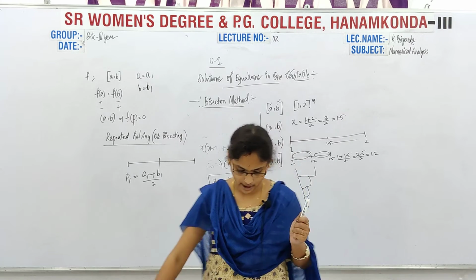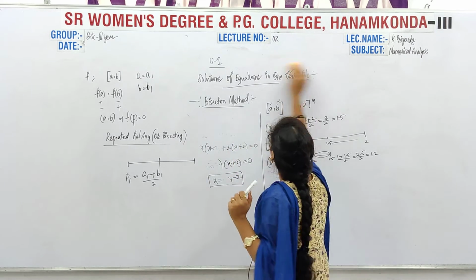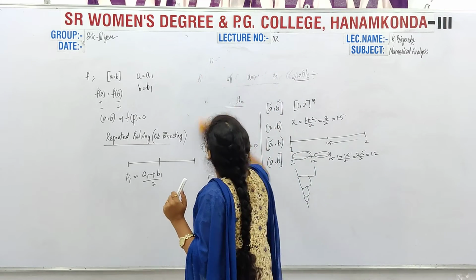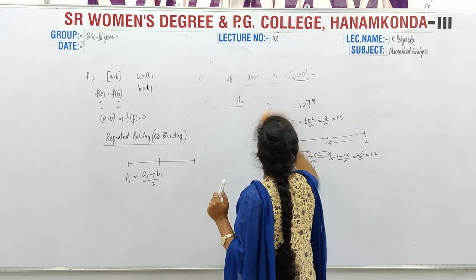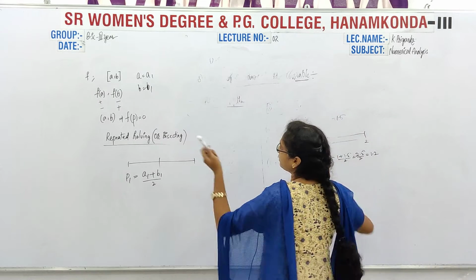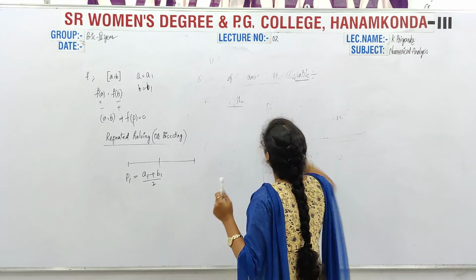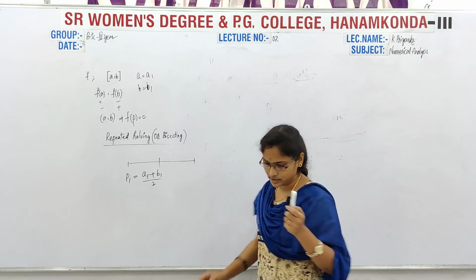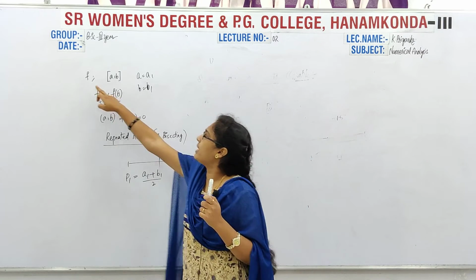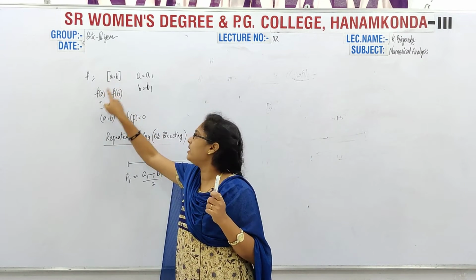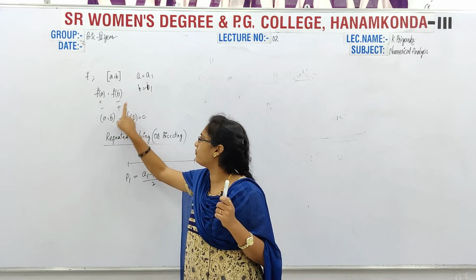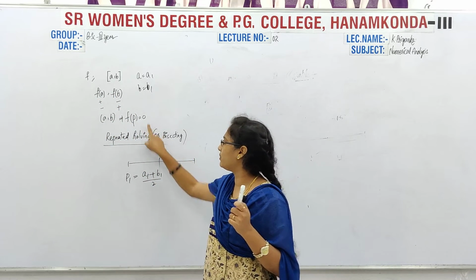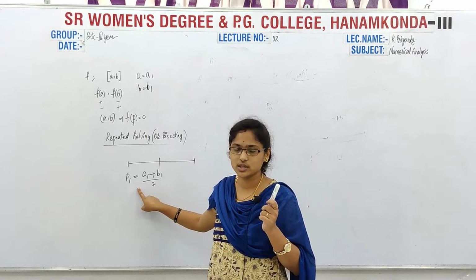Next, write down again point wise. First of all we have to take one function and interval, and check about f of a and f of b, and next we go for f of p by using this formula.